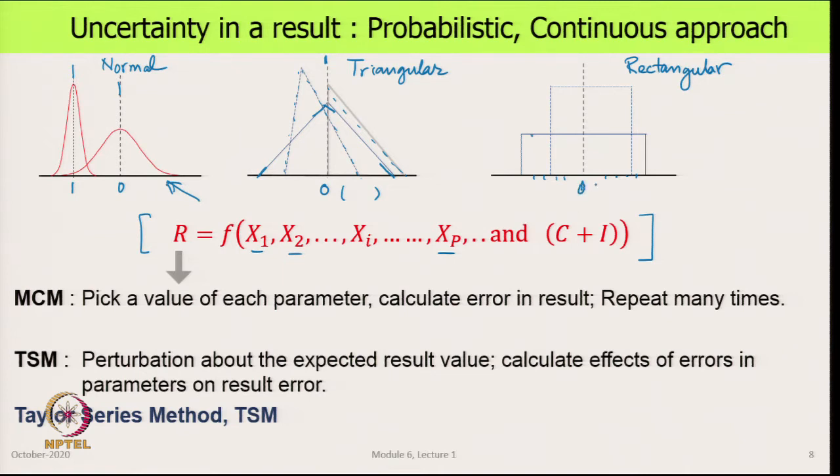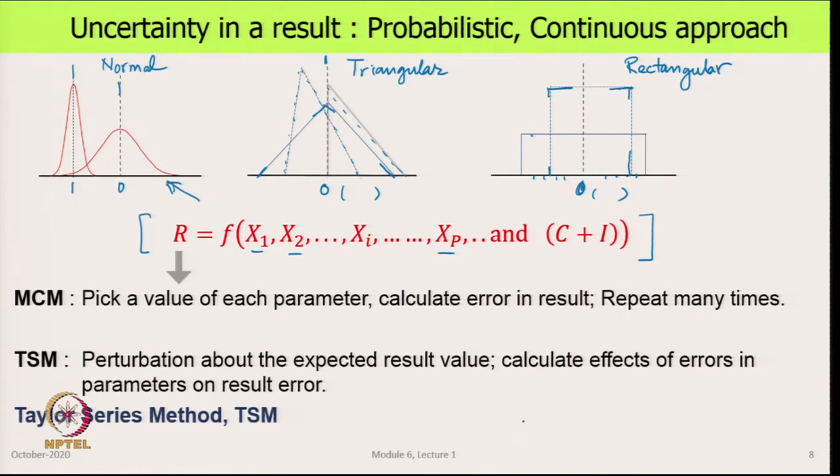Again, as before, this could be 0 if it is normalized, or it could have a value. And this need not be symmetric, as has been shown by this dotted line, where you have this rectangle over here, where the probability of certain values is more than the others compared to the mean value.